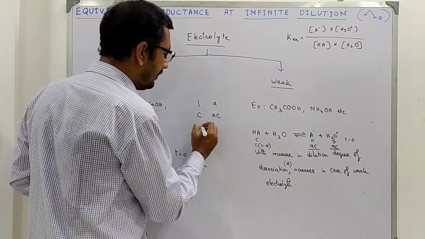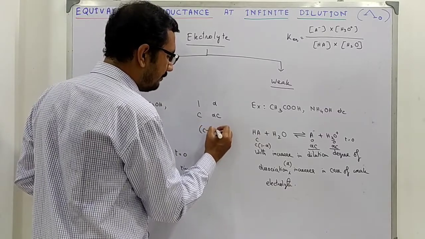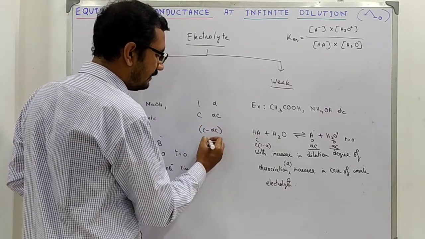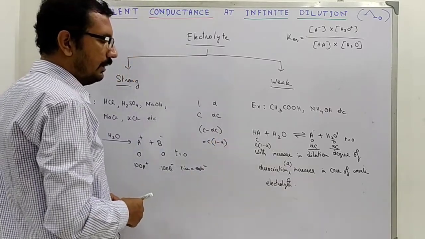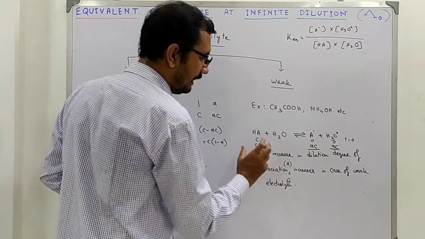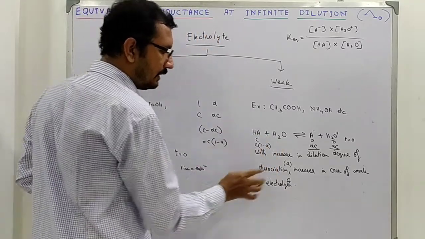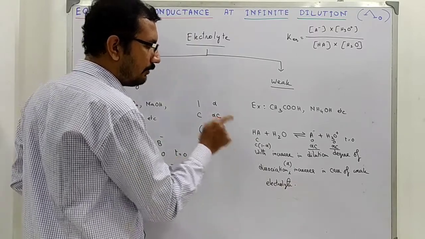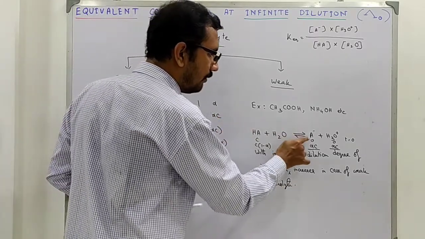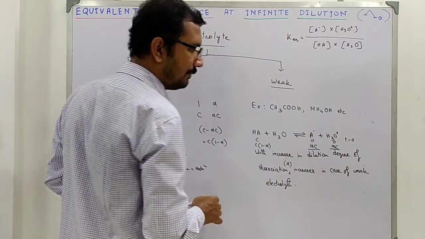So, what is the remaining amount? Remaining amount is C minus alpha C. So, if we take C as common, it will be C into 1 minus alpha. So, the remaining amount of acid that will exhibit degree of dissociation alpha is C into 1 minus alpha. Now, for dissociation of one molecule we will have 1 A minus and 1 H3O plus.